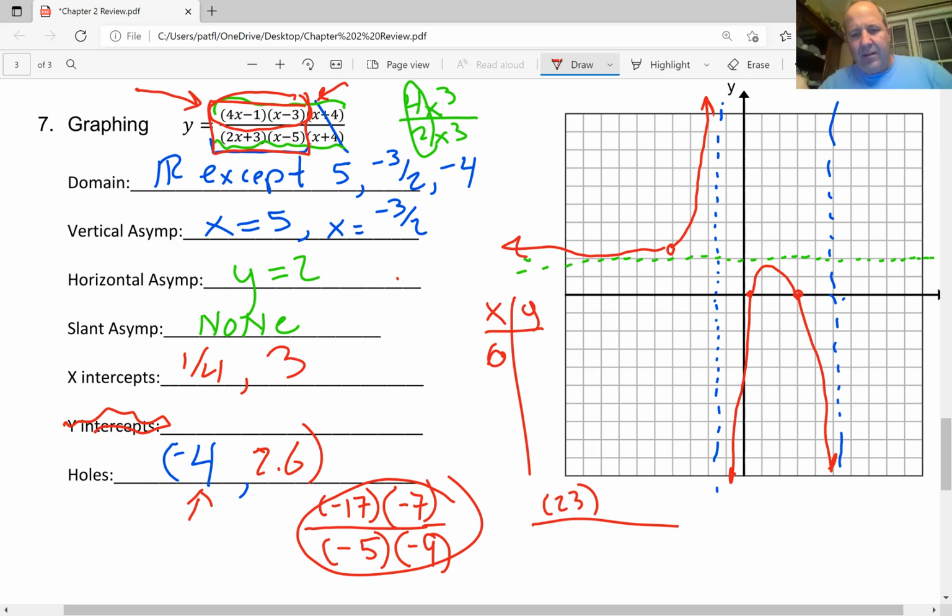Plugging in a 6 in for the x. 6, 12, 15. All right, so use my calculator here.